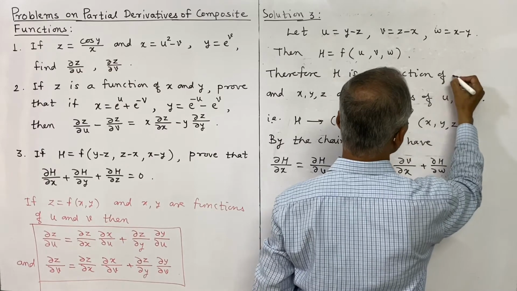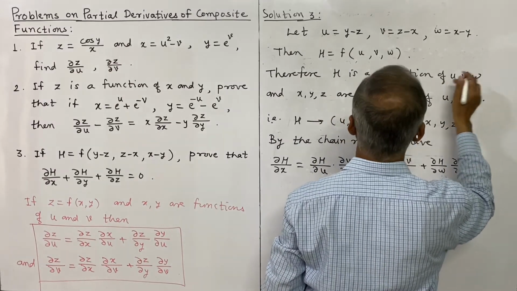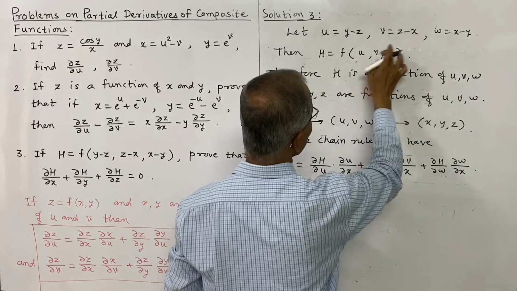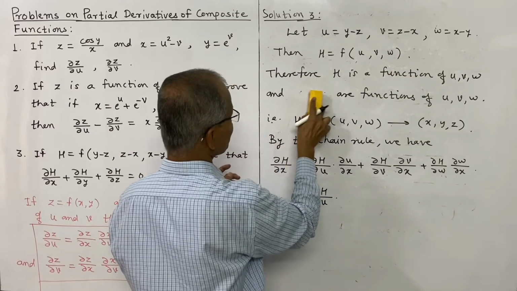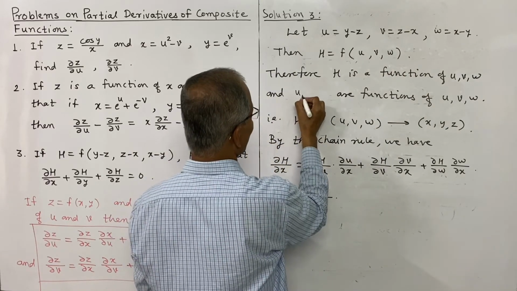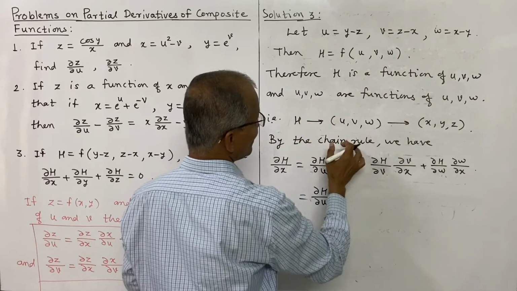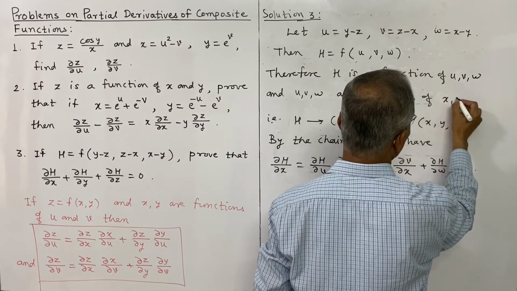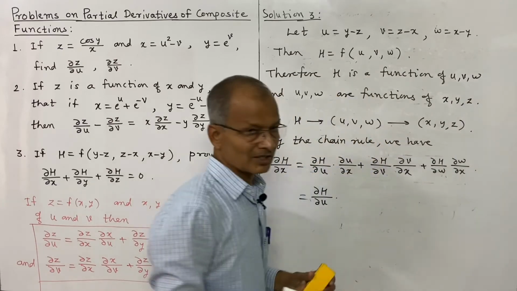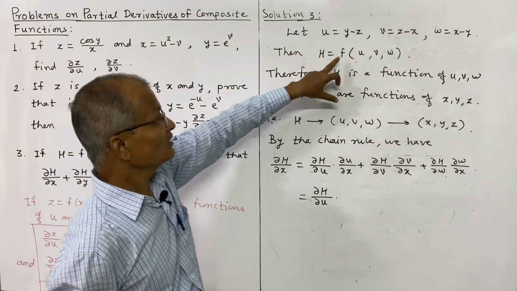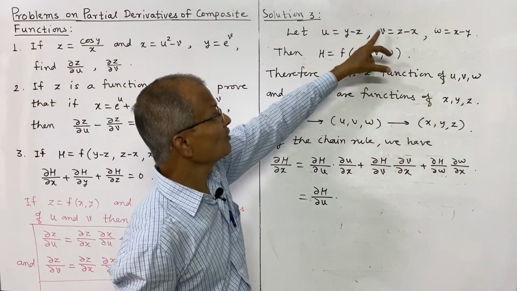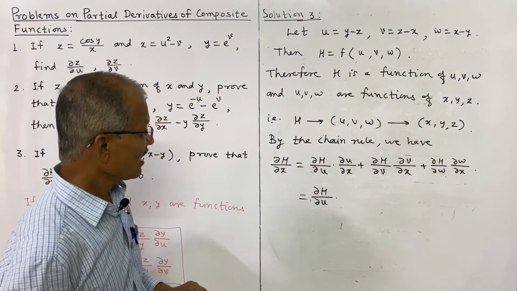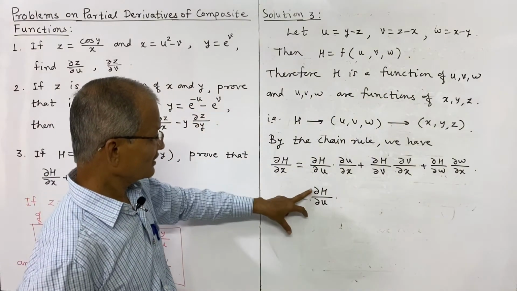So h is function of u, v, w, and u, v, w are functions of x, y, z. Here I have written correctly, and u, v, w are functions of x, y, z. You please note this change. H is function of u, v, w, and then u, v, w are functions of x, y, z. Now you see this will remain as it is.